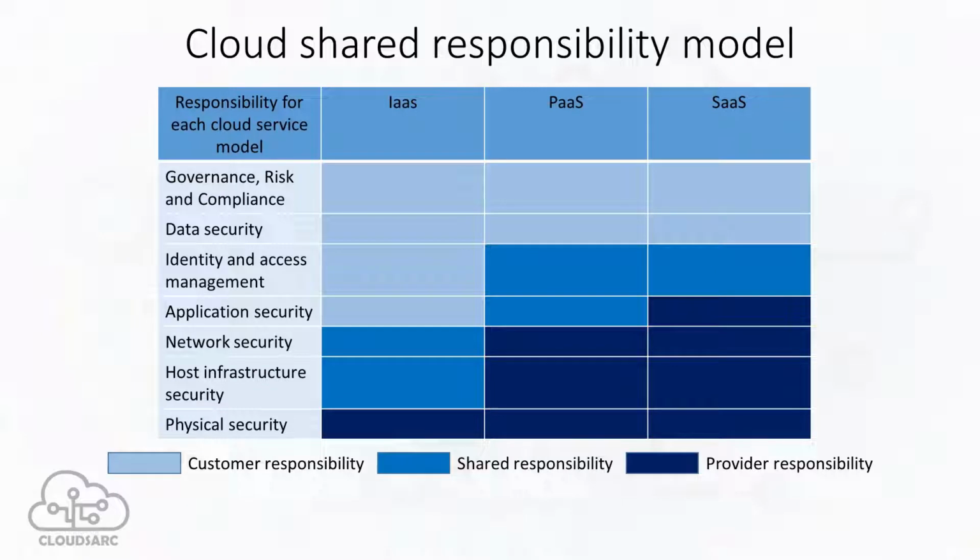The cloud shared responsibility model is maybe the most important model for you to understand as a security architect. Failure to understand what responsibility you have for security as a cloud consumer can lead to loss of sensitive data and outages. This slide shows the division of responsibility between the cloud consumer and the cloud provider for different service models.